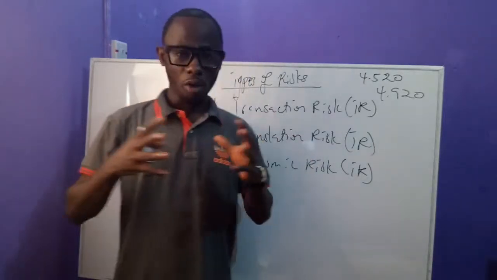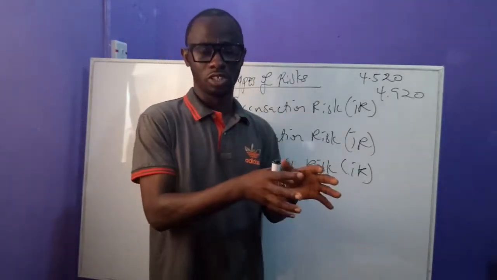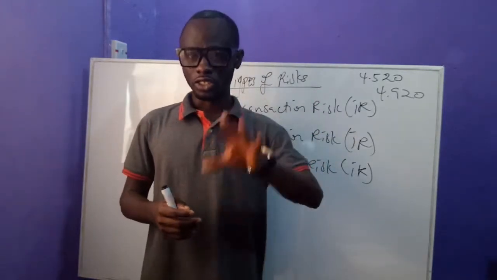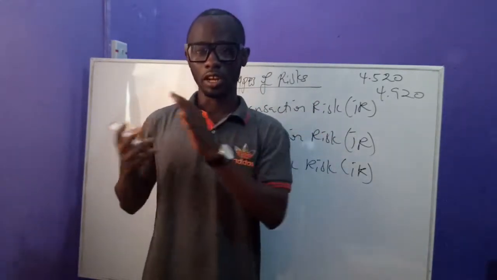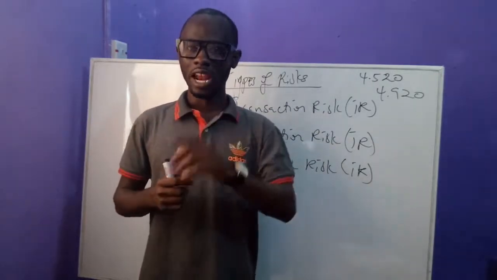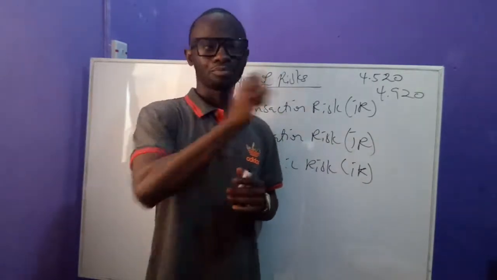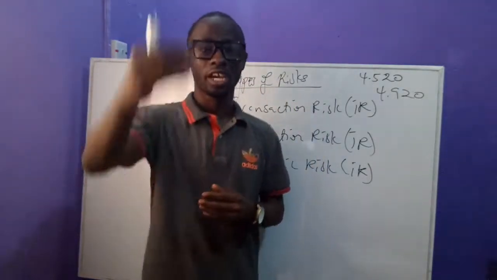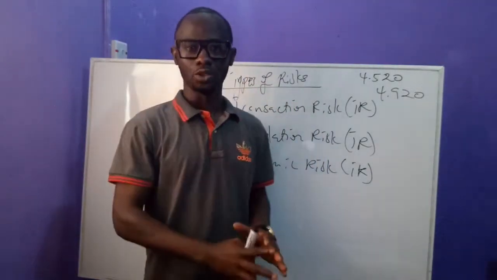So if you remember corporate reporting and foreign transactions carefully, you realize that when we are preparing the group financial statements, that is the group income statement and the group statement of financial position, we translate the balances from the foreign currency into the currency of the home country. That is what we do.